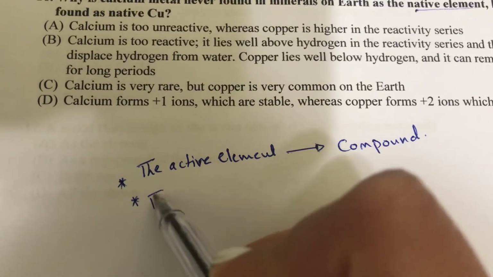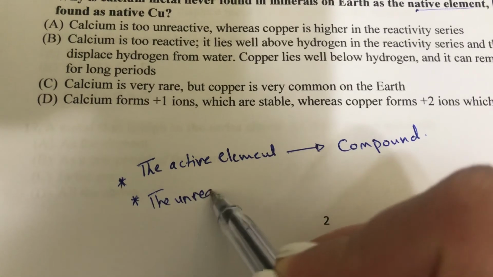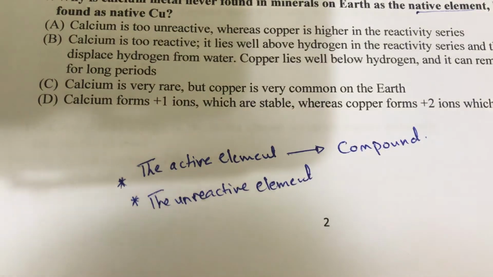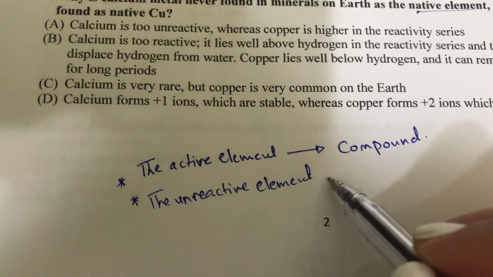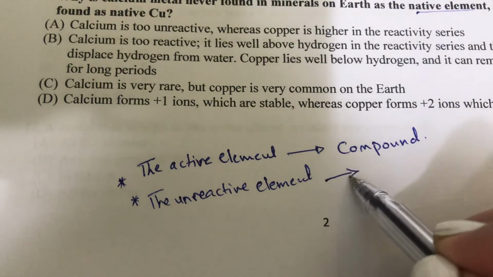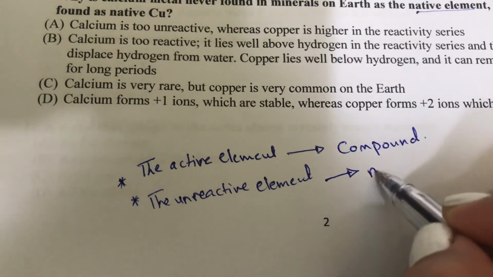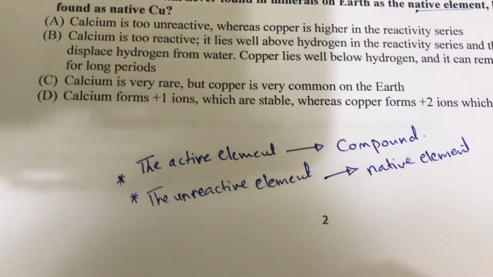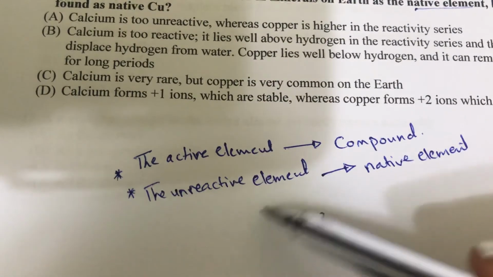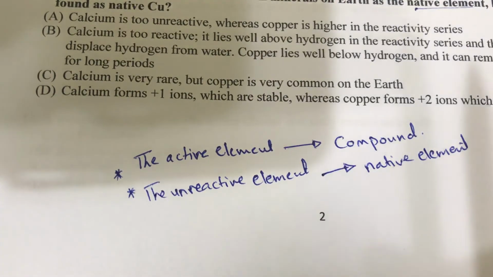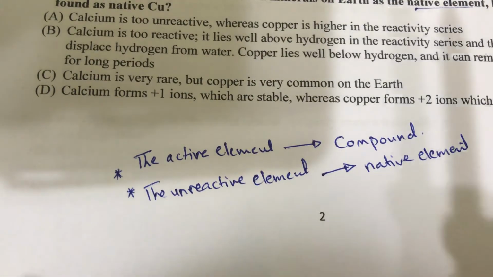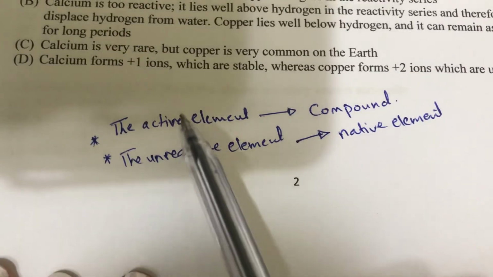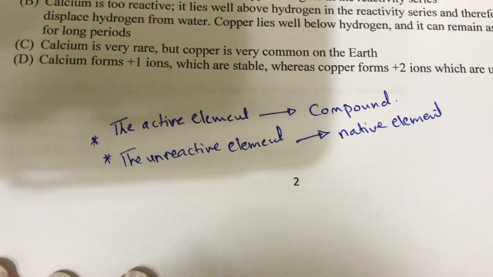But an unreactive element can't replace another element, so it is found as a native element. So it depends on the reactivity of elements. If the metal, here for example we talk about calcium and copper, is an active metal, it is found as a compound.